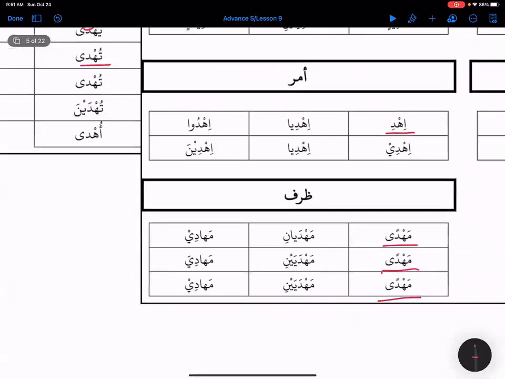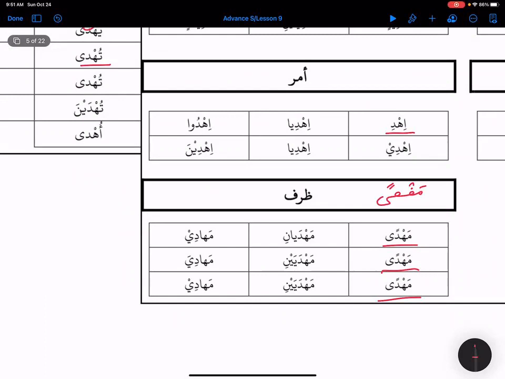This one, and then zarf is going to be on the pattern of maf'an. We need to remember these patterns, then life will be easy, because we cannot just conjugate everything. Rather, we need to remember these patterns, and that would be very helpful.